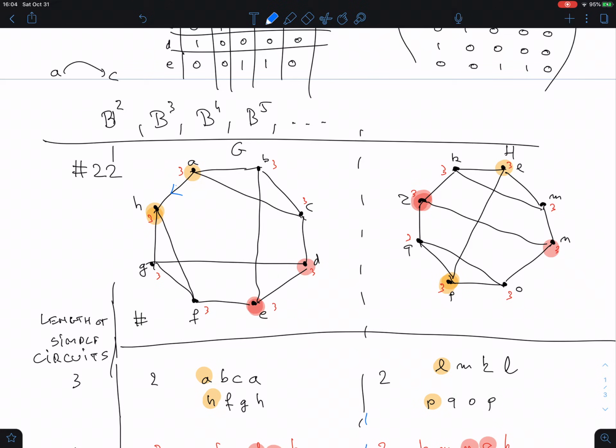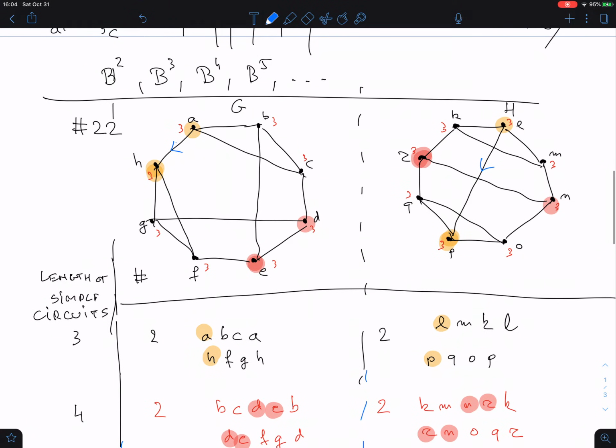Oh, I forgot to put the arrow here because I'm going to do the same path right here. Remember, isomorphism does not only preserve degrees and vertices and edges, it also preserves paths. So I'm going to try to trace my path that I created on the left, and see what happens to the path on the right. So my shortest path, the blue path here, is this way, okay?